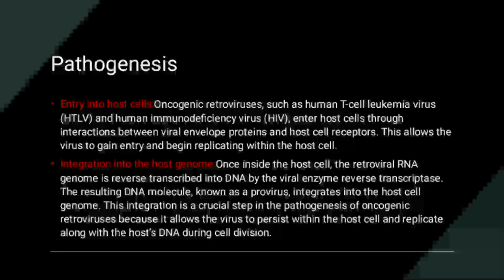The resulting DNA molecule is known as a provirus and is integrated into the host cell's genome. This integration is a key step in the pathogenesis of oncogenic retroviruses because it allows the virus to persist within the host cells and replicate along with the host's DNA during cell divisions.